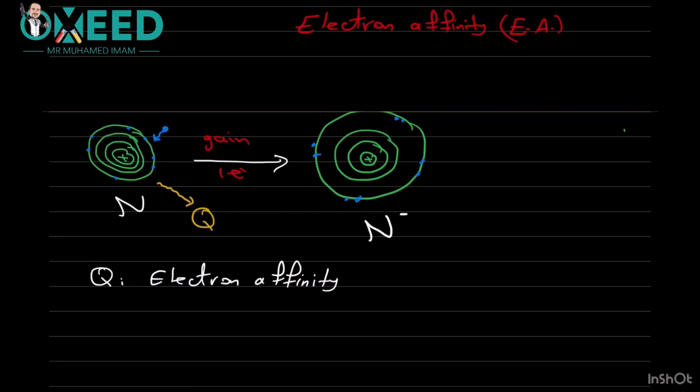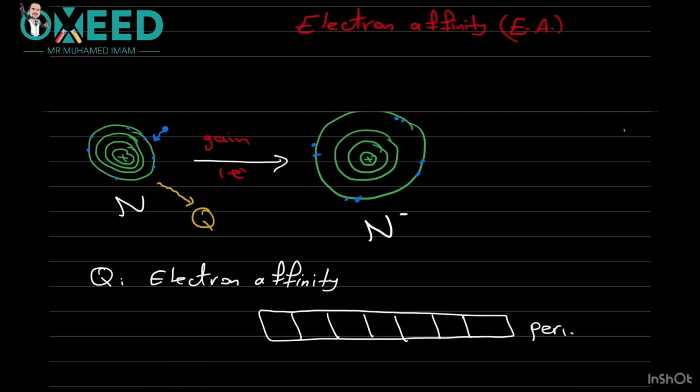Let's study the trend in the periodic table, as it's also related to the atomic size. This is the period, and this is the group. In the period, we find that the electron affinity will increase, but in the group, the electron affinity will decrease.